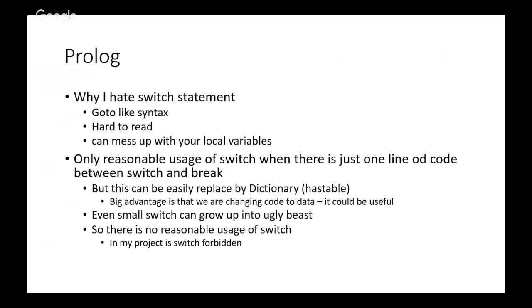And I think you also code like this. So this kind of code is easily replaceable by a hash table, and yeah, this is why in our project I agreed that we will not use it at all.